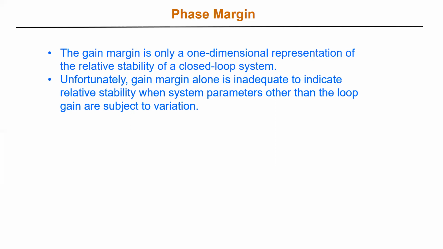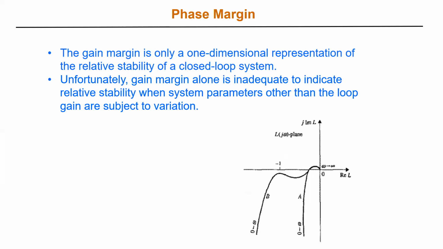It's a weird situation, but it could happen. I have two systems, system A and system B. What is the gain margin of both systems? Same. They have the same gain margin because they intersect the real axis at the same point.